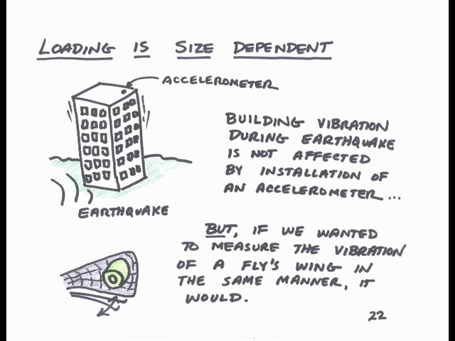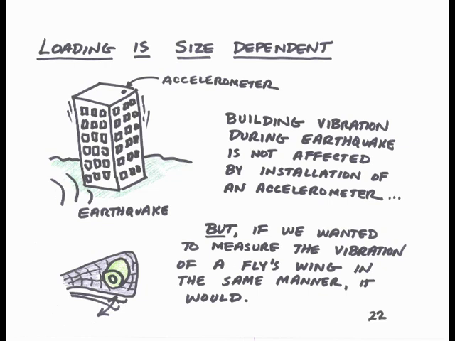Thus, if we wish to measure something like the vibration of a fly's wing, we have to use some other technique of measurement other than an accelerometer, perhaps an interferometer. The attachment of the accelerometer would load the wing, but the use of an interferometer would not.